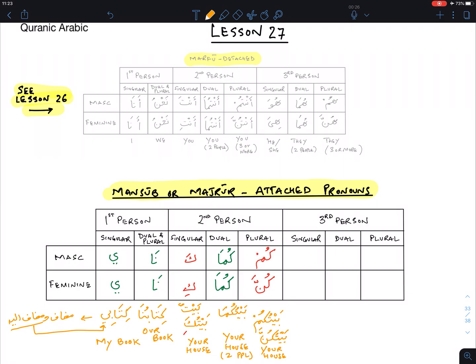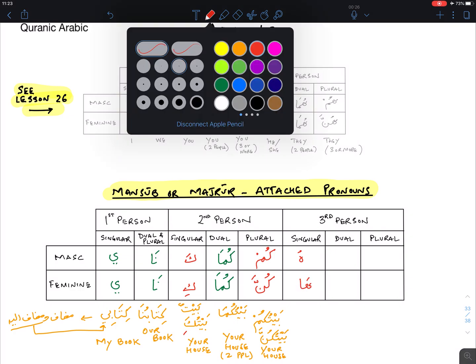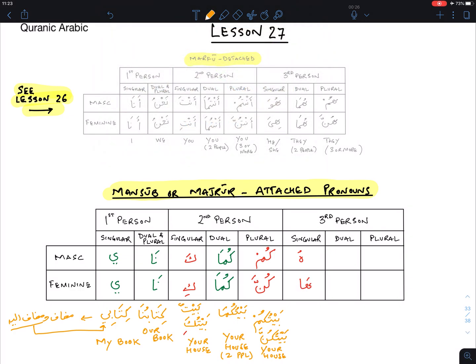Let's carry on with the next term, and it's going to be hu. Third person, singular, masculine is hu, and for feminine is hā. Let's use another example here. Let's use qalam.